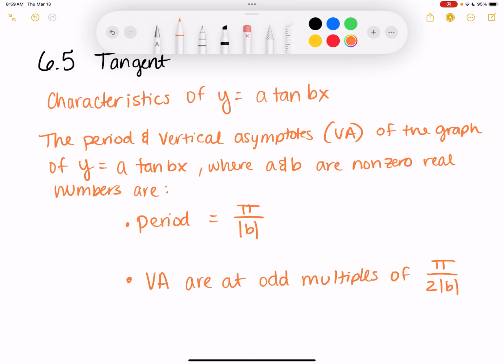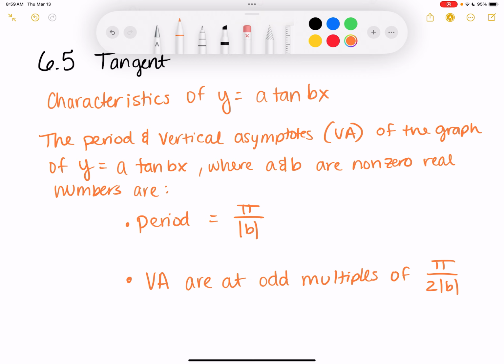So again, obviously we can go in the negative direction, but technically vertical asymptotes are positive. So they're at odd multiples of that. So that's why it was at pi over 2 and 3 pi over 2, 5 pi over 2, but it wasn't at pi and all of those things. It wasn't an even one.